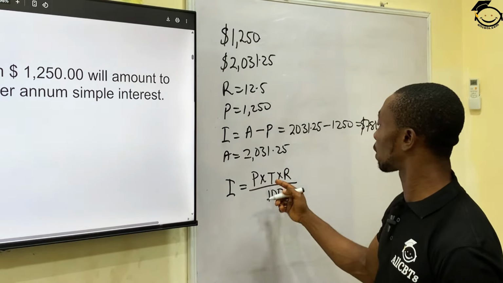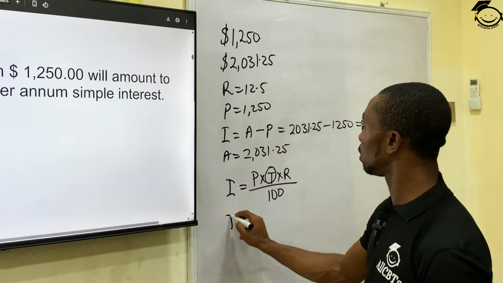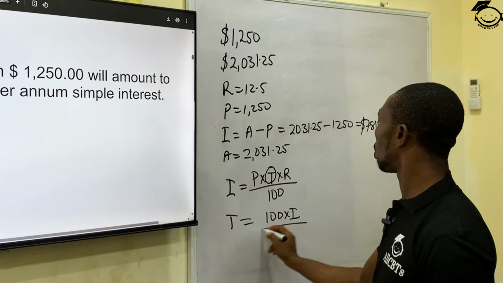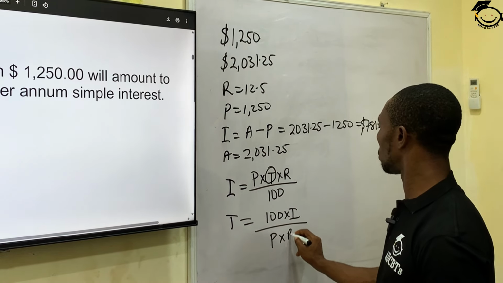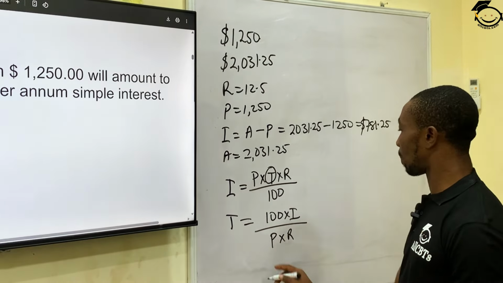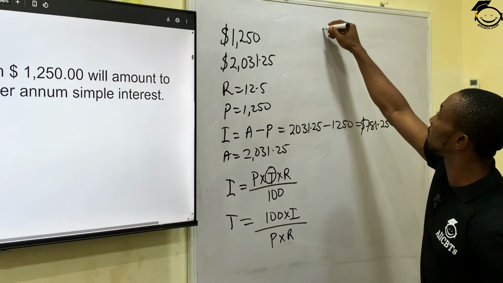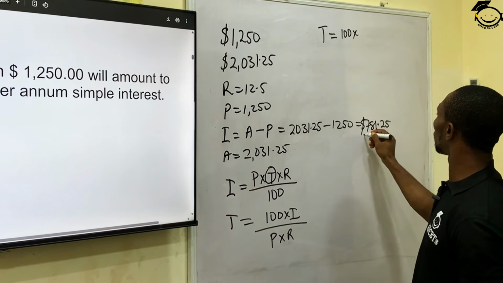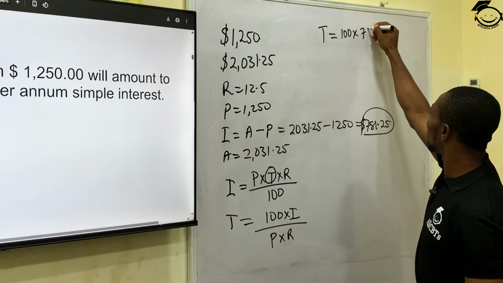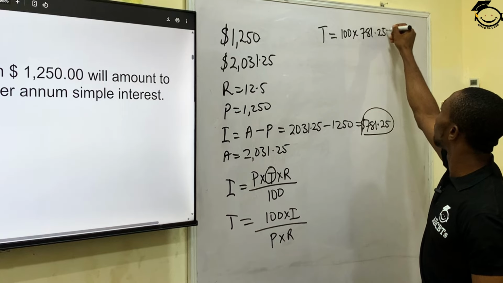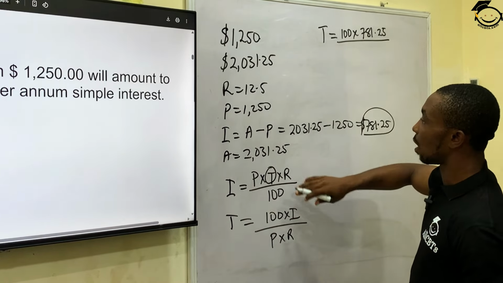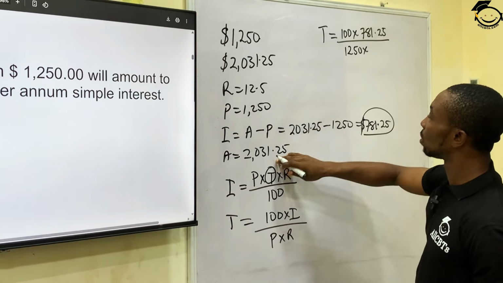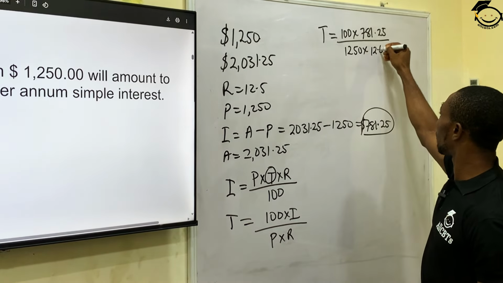Now we know that simple interest is principal times time times rate all over 100. But since we are looking for time, t, our t equals to 100 times interest all over principal times rate. So applying this formula, t equals to 100 times our interest, 781.25, all over our principal, 1,250, times 12.5.